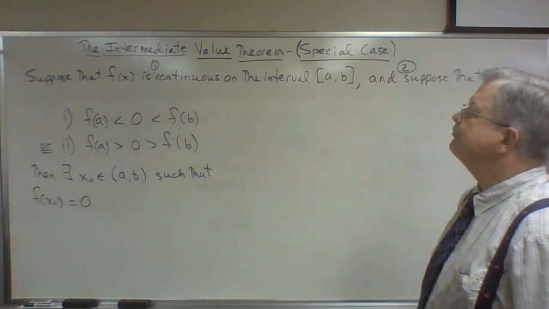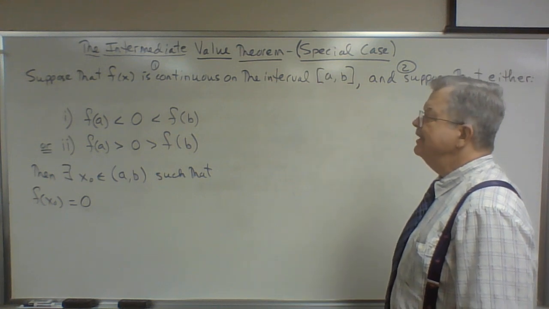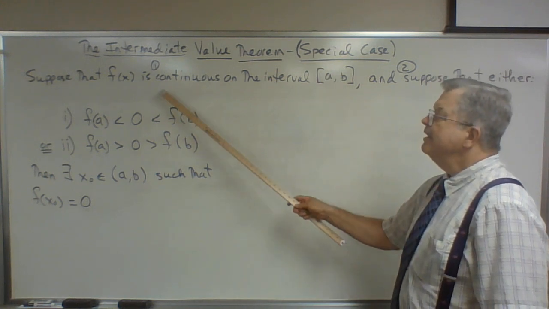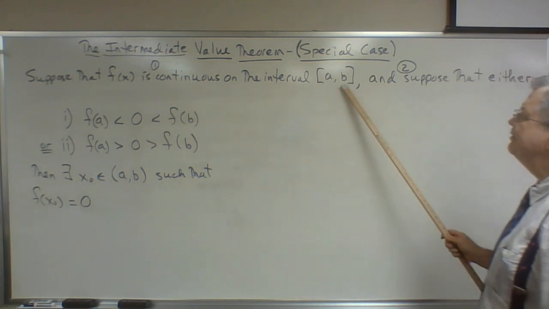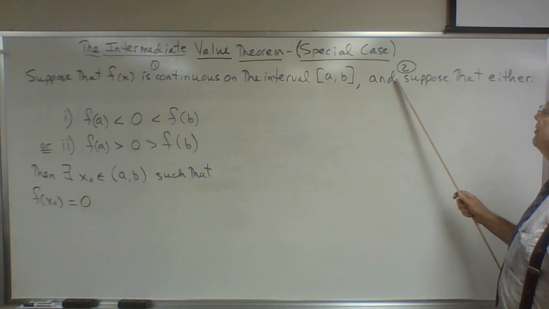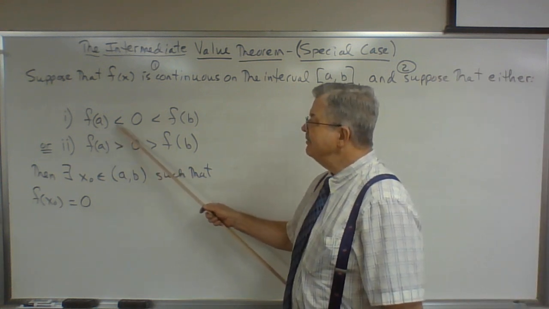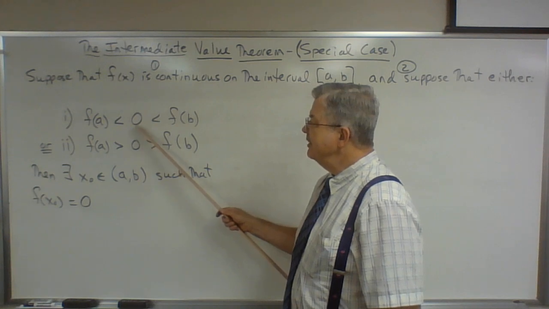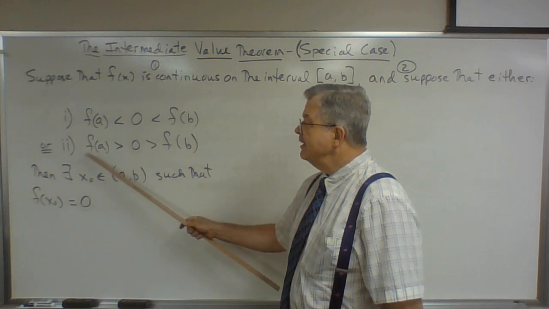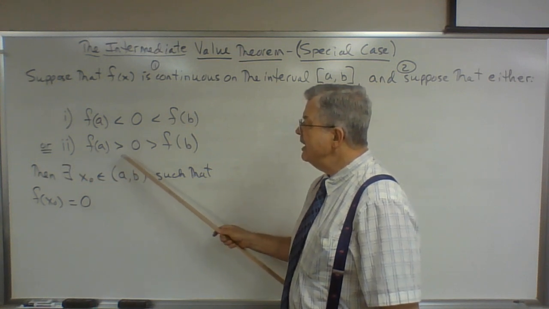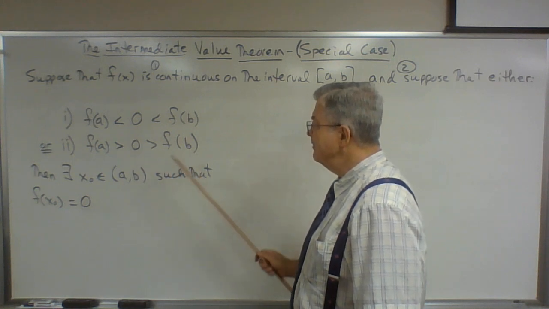Okay. Here's the special case of the intermediate value theorem. Suppose, 1, that f of x is continuous on the interval [a, b], and 2, suppose that either f of a is less than 0, and 0 in turn is less than f of b, or suppose that f of a is greater than 0, and 0 in turn is greater than f of b.